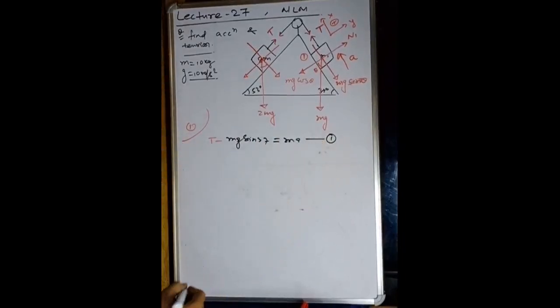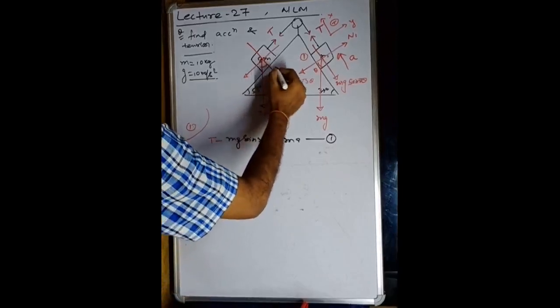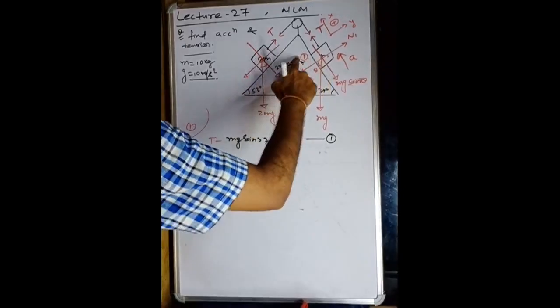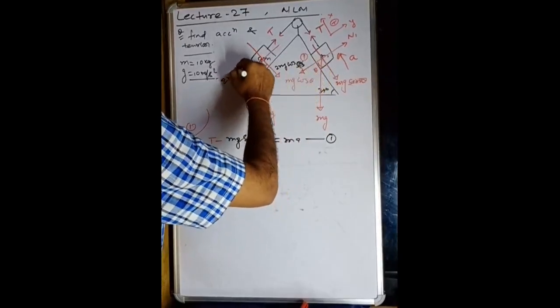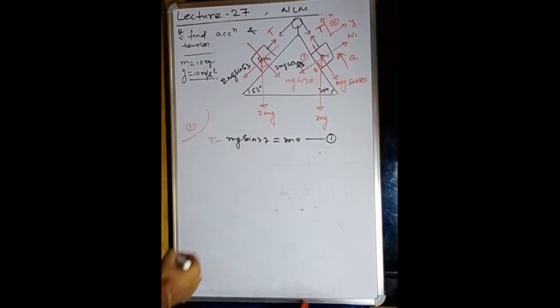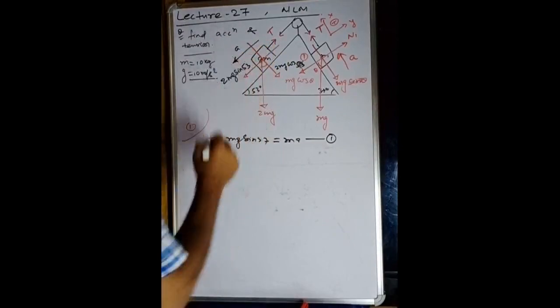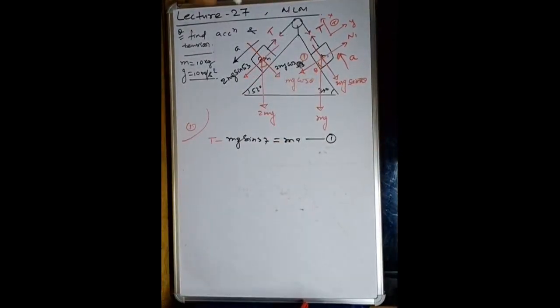Now for this body, here 2mg, so 2mg cos 53, and 2mg sin 53. So this body is moving down in this direction with an acceleration a. Both are connected with the same string, so they will have the same tension because there is no constraint.